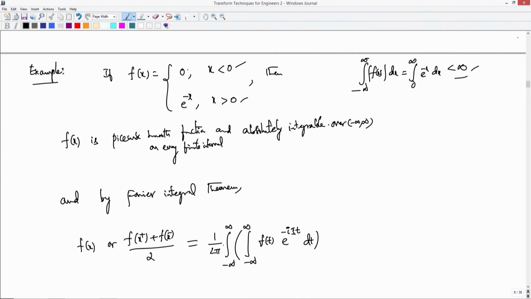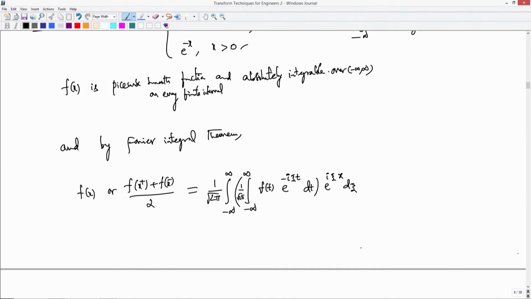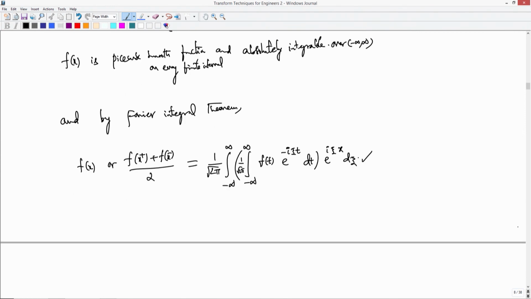This is your Fourier transform, 1 by root 2 pi comes out, and that is e power i xi x d xi. So this is exactly from your Fourier integral theorem or Fourier transforms.